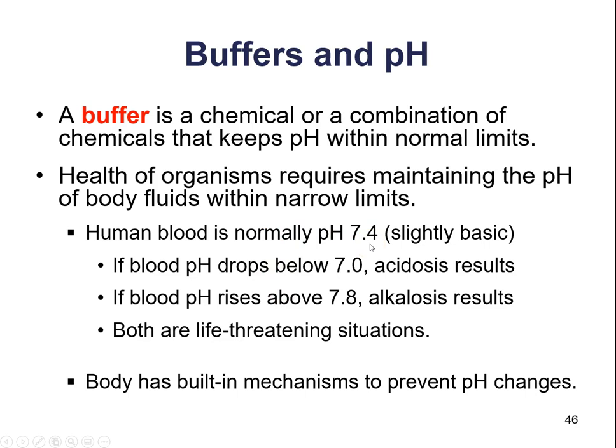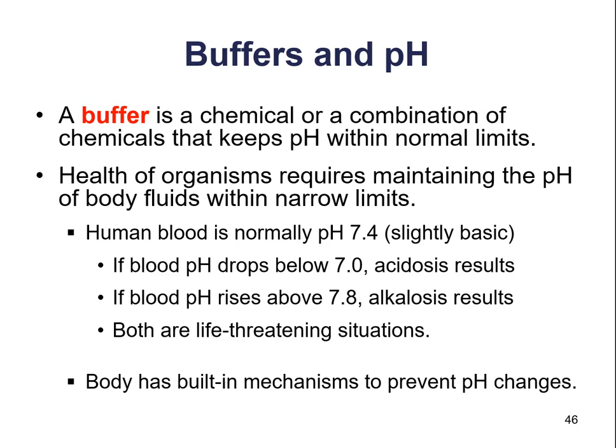I hope you understand how important it is to maintain proper pH. So if we think about human blood, it has a really extensive and elaborate buffer system. And so there are buffers there that maintain that pH at 7.4.